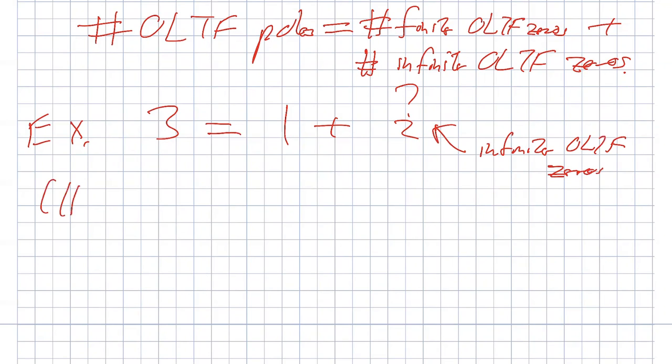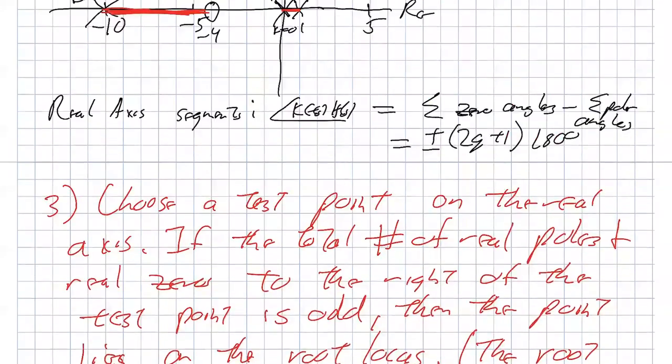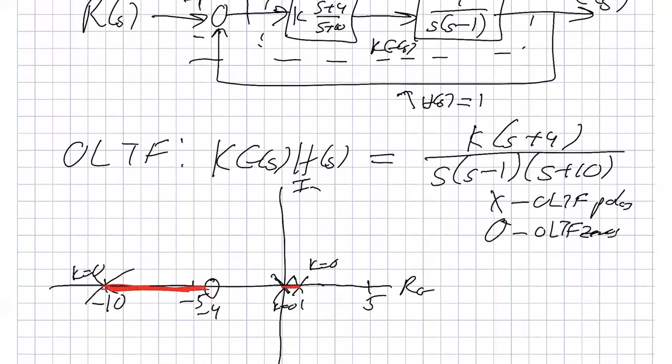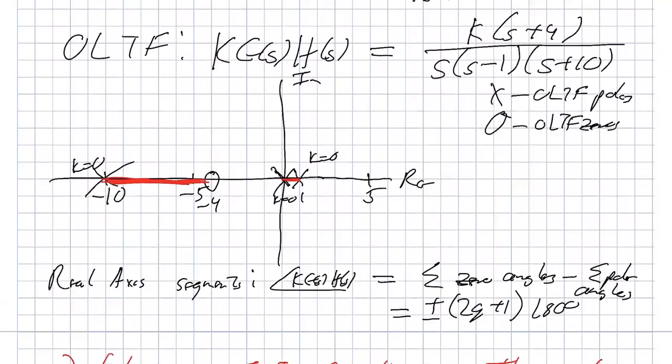So how do we know we have a zero? Well, we know we have 1 zero at -4, because if we plug in -4 into here, this goes to 0.